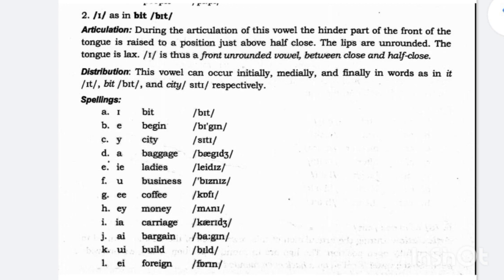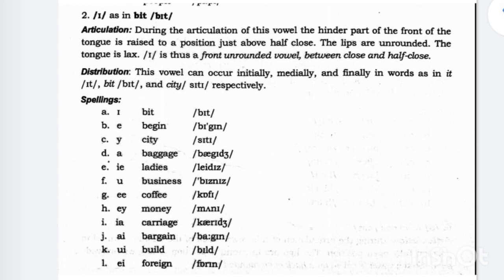So there are different words, but in these three words, bit, begin, and city, the vowel sound E is represented by I, E, and Y.